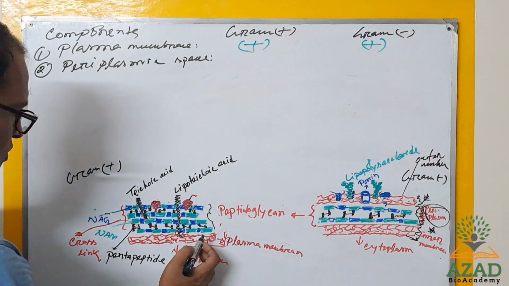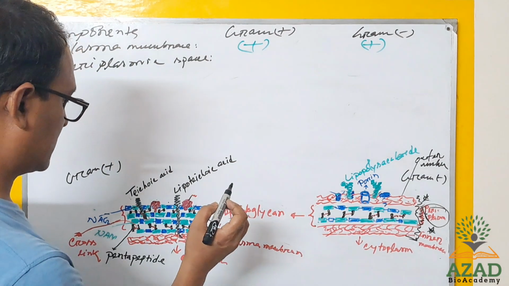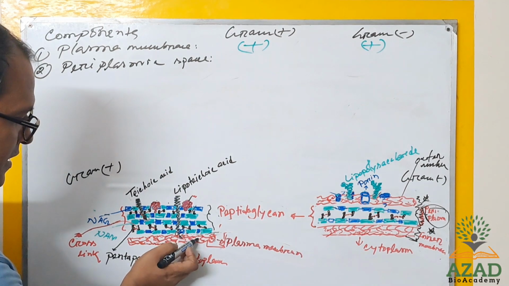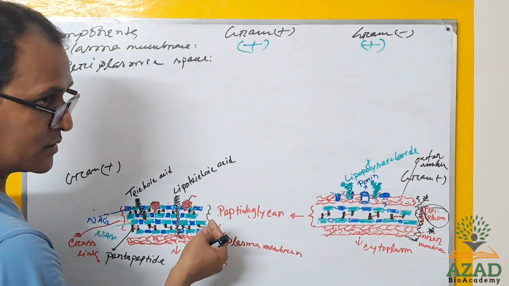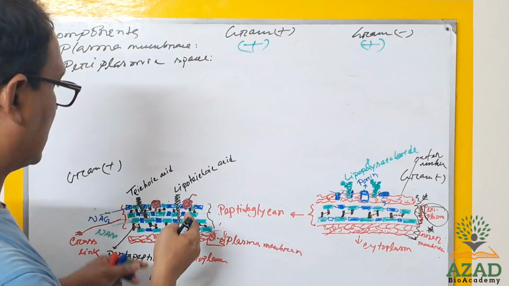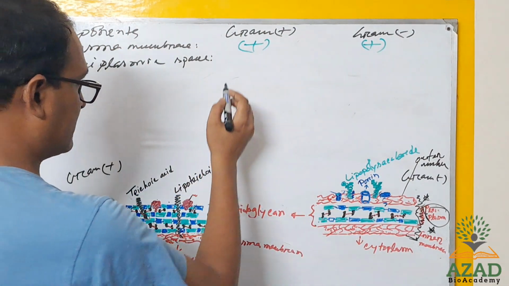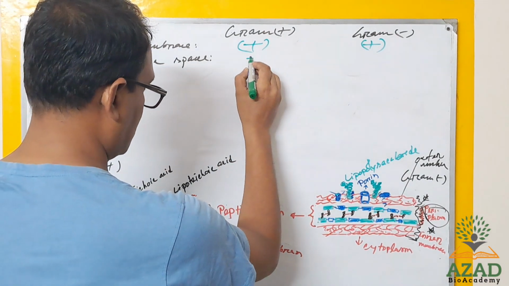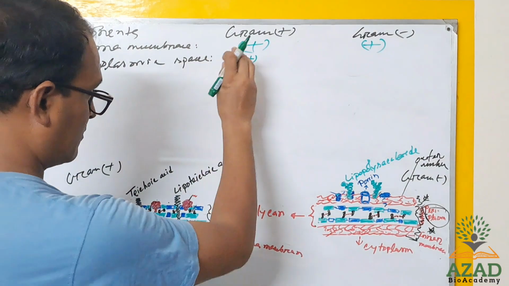If I try to figure out that this space is the periplasmic space, because it is in between the inner membrane and the outer layer, you can say this is the periplasmic space, but it is very difficult to define. So in gram-positive bacteria, I noted it by a simple positive symbol.